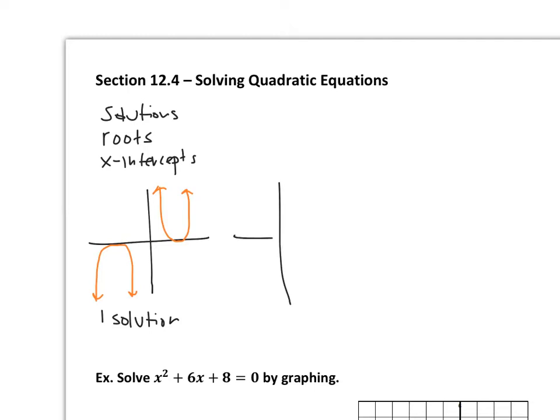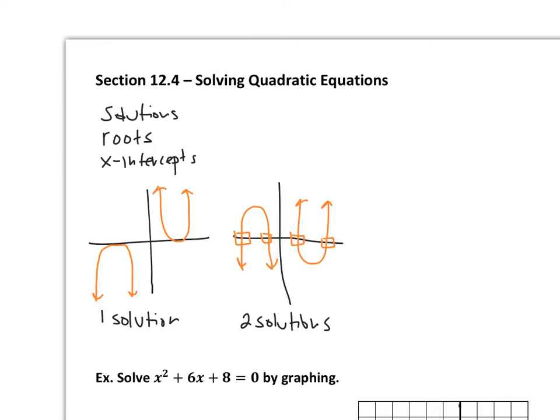We can have two solutions, and that is when our vertex is above and it points down, or maybe below and it points up, but we see we cross the x-axis in each of these cases 2 times. Okay, so those are our x-intercepts or our solutions there.